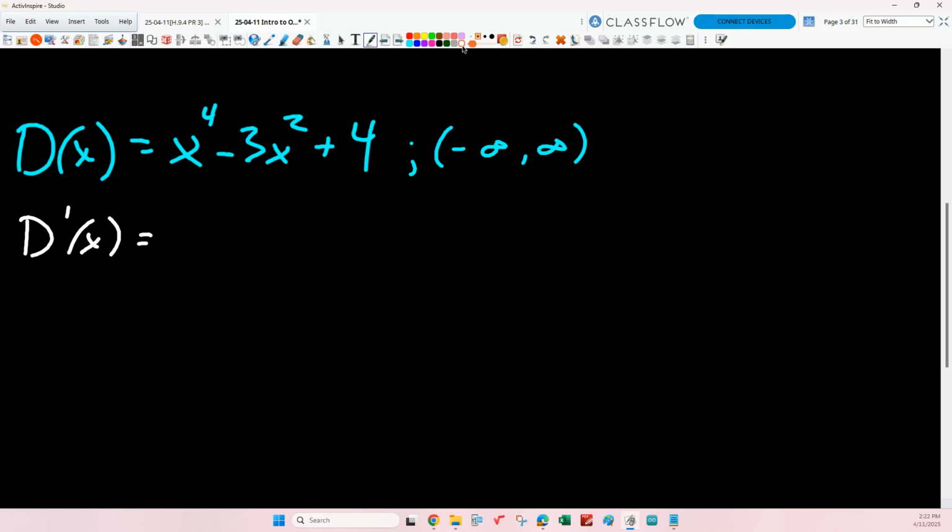So what's d prime? Okay. And should we do a second derivative? We definitely should, right? Because then we get to use the second derivative test, which is super easy and quick. And it's a very easy derivative. So what is our second derivative?